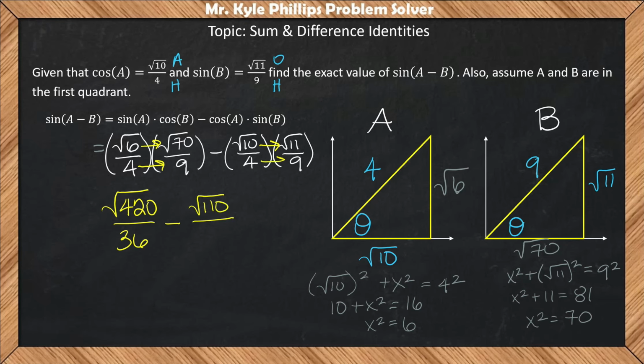This will all be over 4 times 9. So remember that when you have denominators that are the same, you can write this as one fraction. So here this is going to be the square root of 420 minus the square root of 110, all over 36. All right, so here this is going to be our solution.